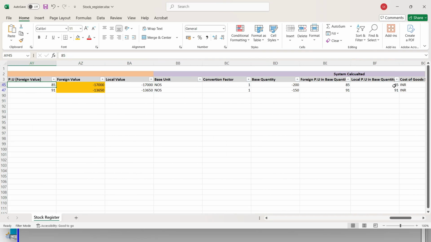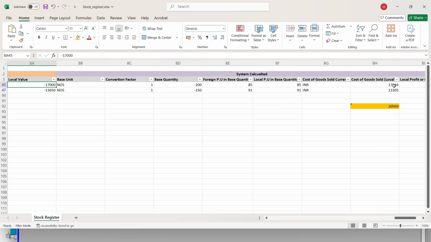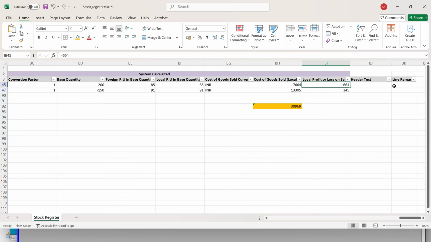Why? Because for pouches I have sold at a value of 17,000, but my cost is 17,664. So thereby I have made a loss because my cost is 17,664 while I was selling just at 17,000. So there was a loss of 664.